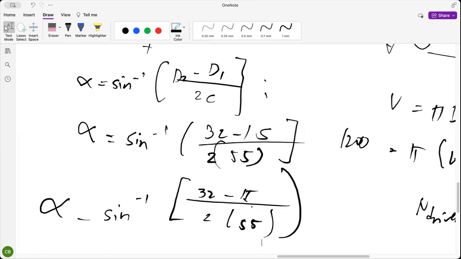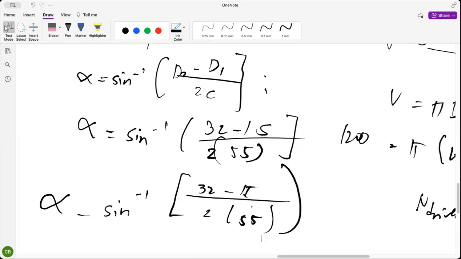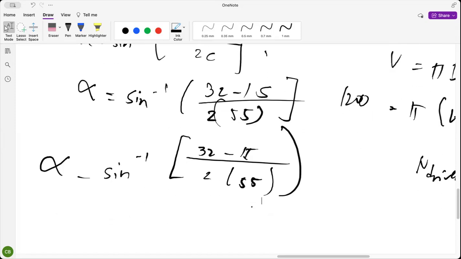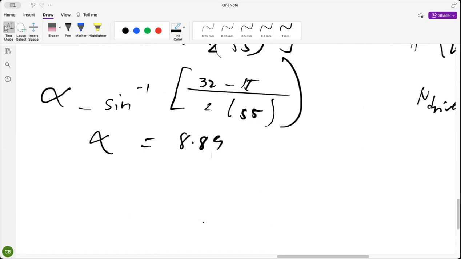So that would be the alpha is 8.8. Okay, so that is your alpha.